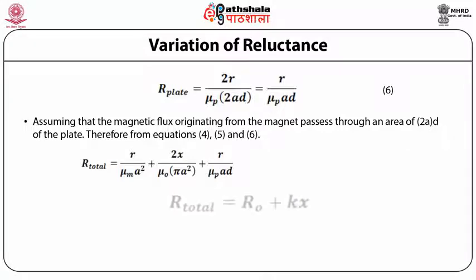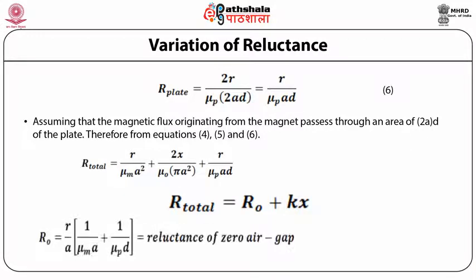Or we can write R total equal to R naught plus kx, where R naught is R by a multiplied by 1 by mu m a plus 1 by mu p d, which is equal to the reluctance at zero air gap. Now here k is equal to 2 by mu naught pi a square.